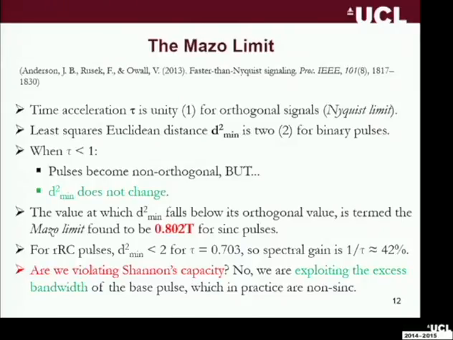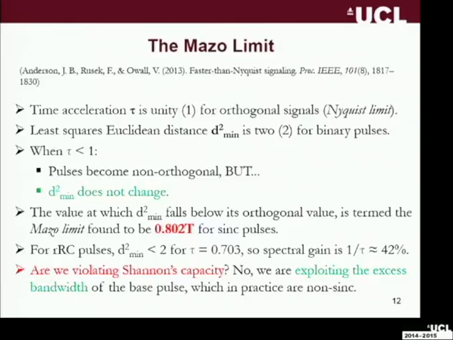So this is where some other people, Liveris and Georgiadis in 2003, wrote another very good paper called Exploiting Faster Than Nyquist Signaling. They used root-raised cosine filters to see if they could improve upon the bandwidth that sinc pulses would get.